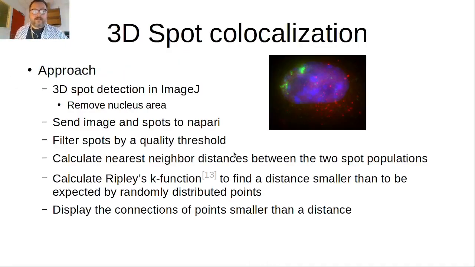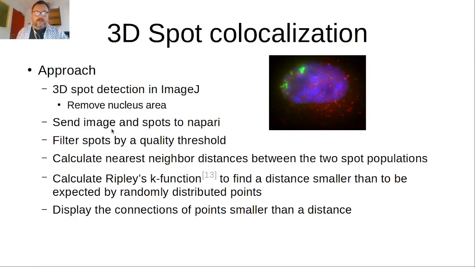Okay, the second example, we want to measure the distances between the red and green spots, but only in the area outside of the nuclei, not in the nucleus. So we first mask this nucleus area.